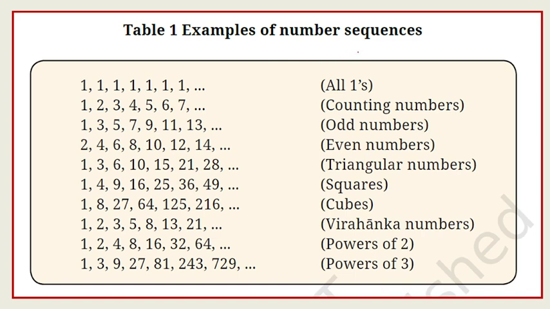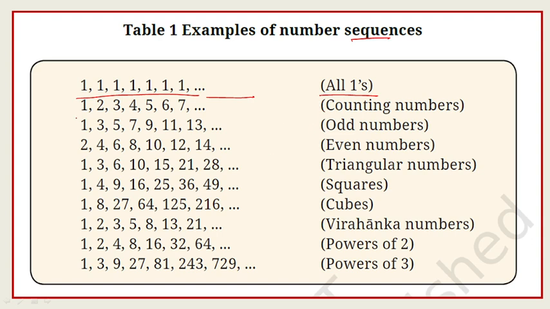Here are some of the number sequences. Let us discuss. Suppose 1 is repeated infinite times, dot dot dot meaning infinite times. Then we can say all the numbers are 1 only.